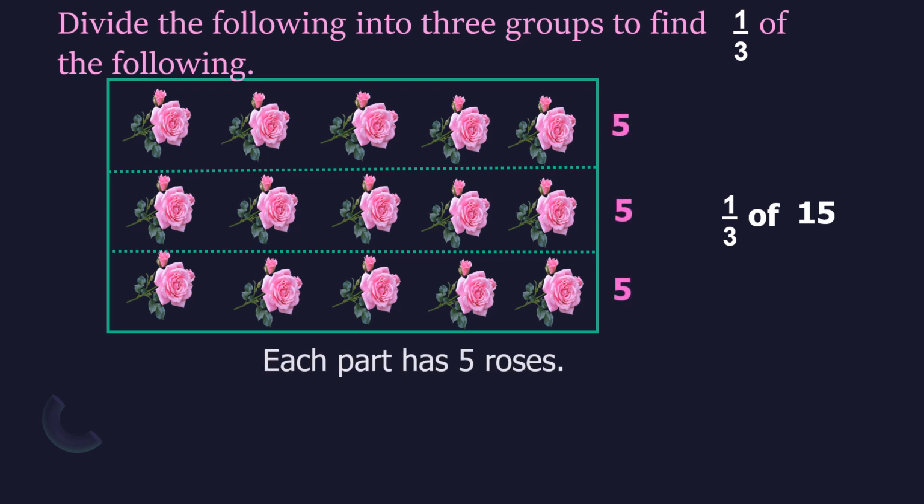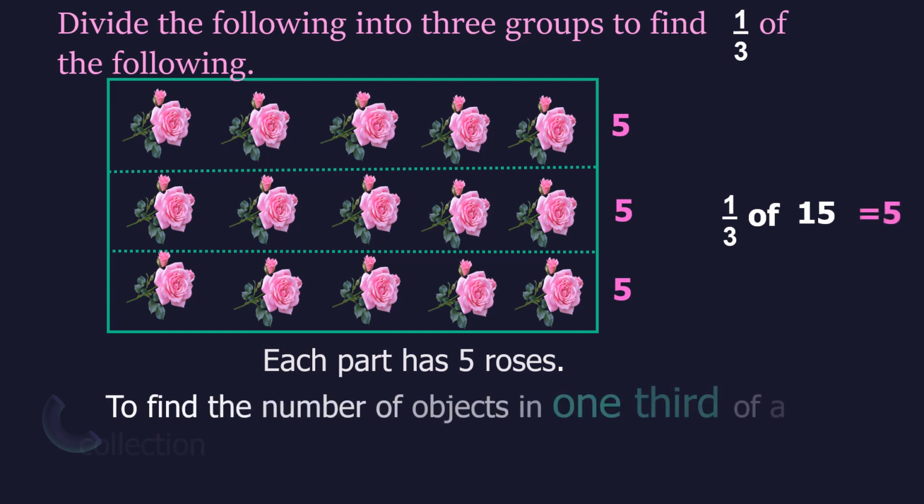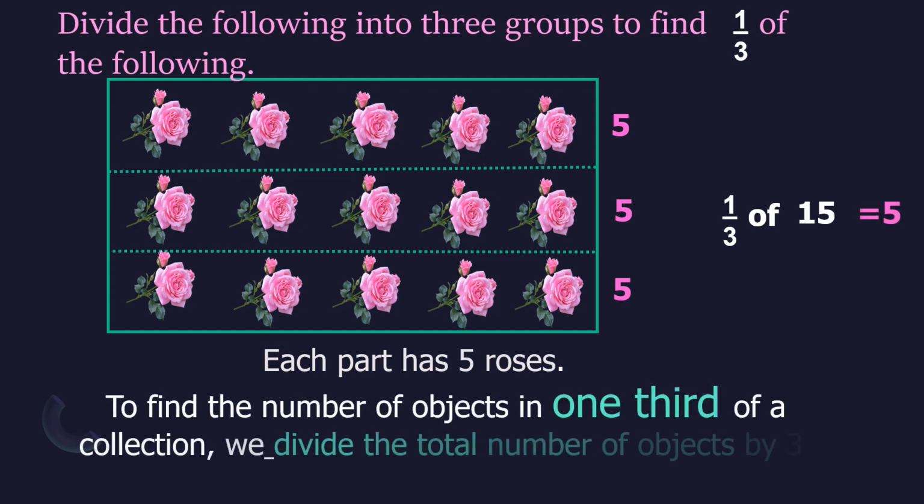So each part has 5 roses. So 1 by 3 of 15 is equal to 5. To find the number of objects in 1/3 of a collection, we divide the total number. So the total number is 15. We should divide 15 by 3. 1 by 3 means we should divide by 3. So we get the answer as 5.